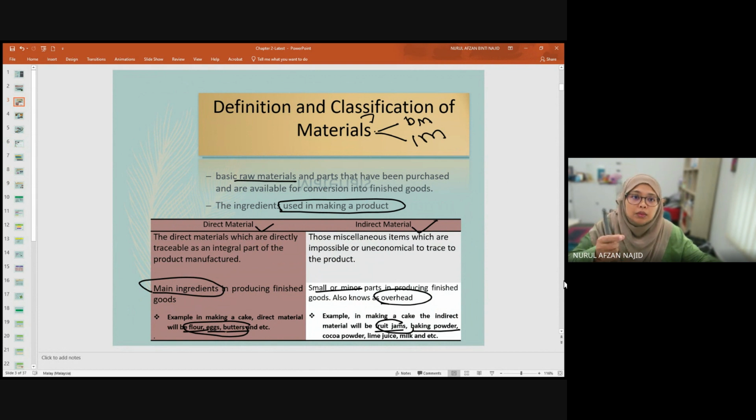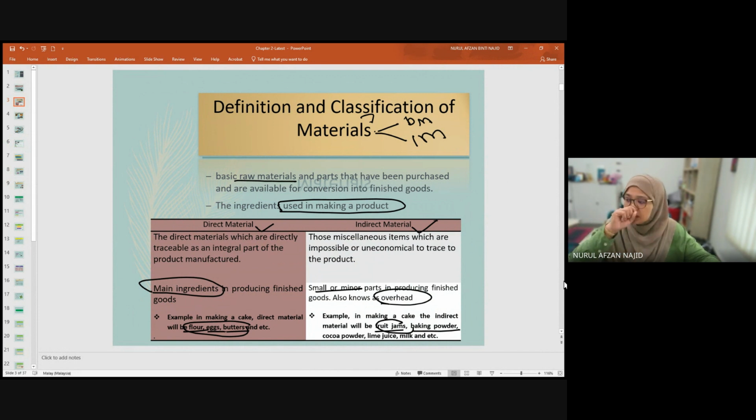So you tak akan buat pengiraan yang exact untuk setiap kek tu kalau ini bercakap berkenaan dengan huge production and so on. Okay, same goes to lime juice. Okay, it is not significant. Maybe dia terlalu sedikit je untuk kita letak dekat dalam kek tu. Mungkin satu titik je.